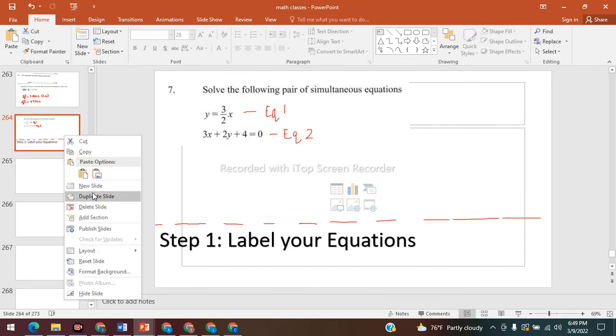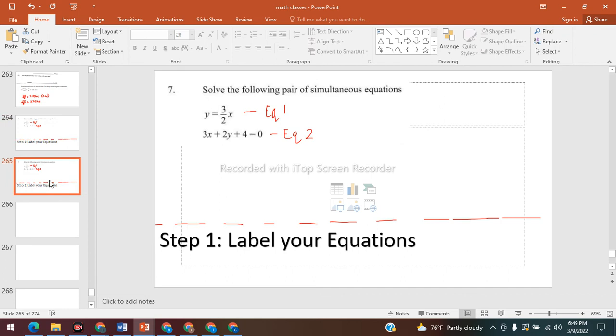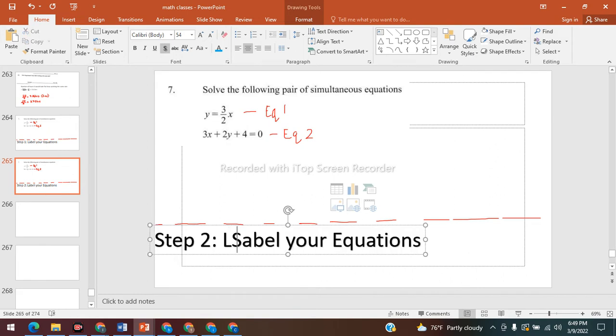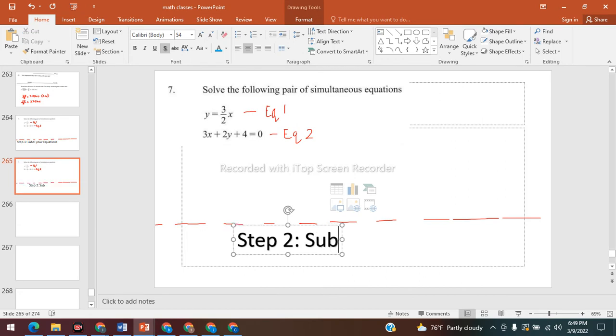The second step is, after you already label the equations, you want to replace. Let's use the word replace.